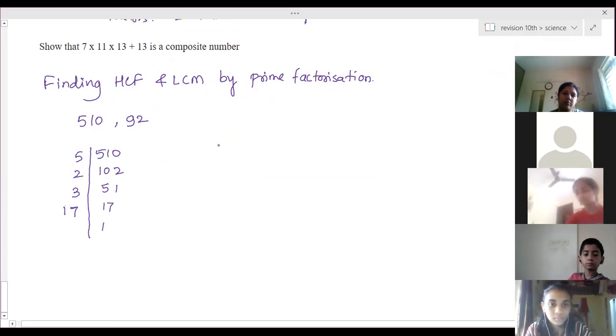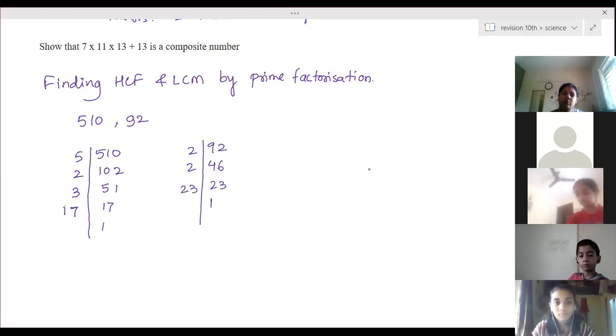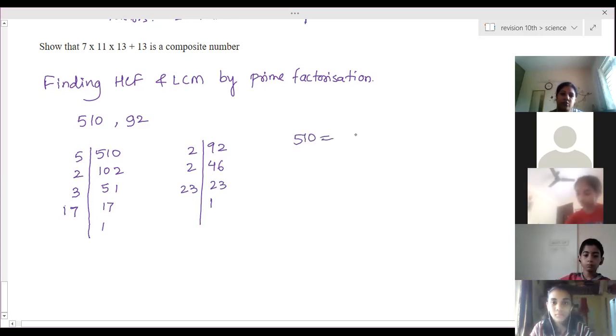And 92 is divisible by 2: 2 fours are 8, 46, then 2, 23, 23, 1. Right? So now write 510's factors: 2 into 3 into 5 into 17. And 92's factors: 2 into 2 into 23.